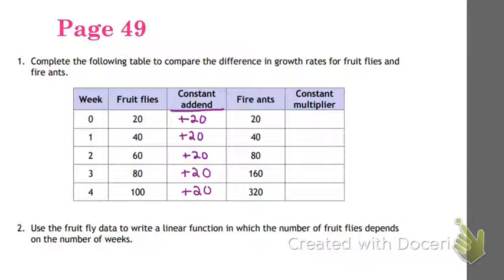And so instead of having a constant addend, which is a word for a number that you add, we have a constant multiplier, and that constant multiplier is 2. So we will write that in, just like we did with the fruit flies. Times 2, times 2, times 2, times 2, times 2.